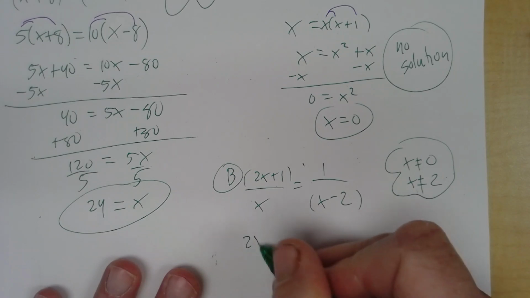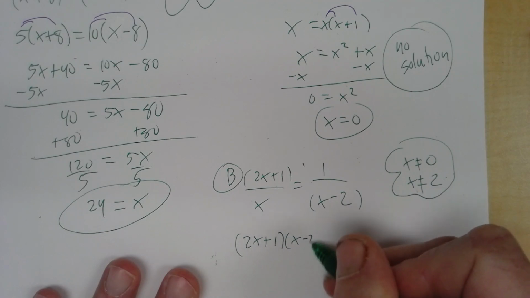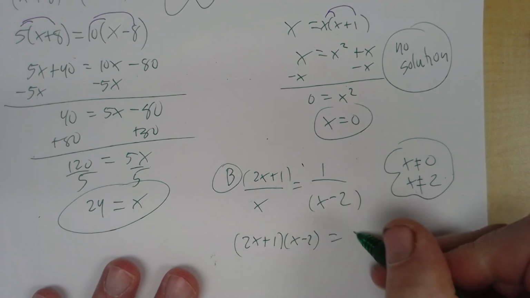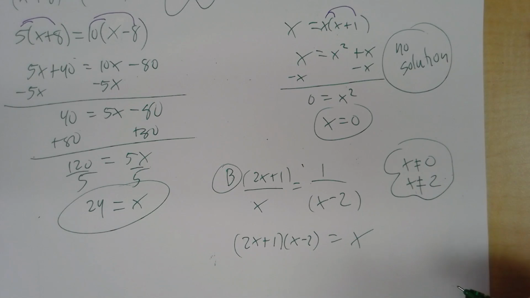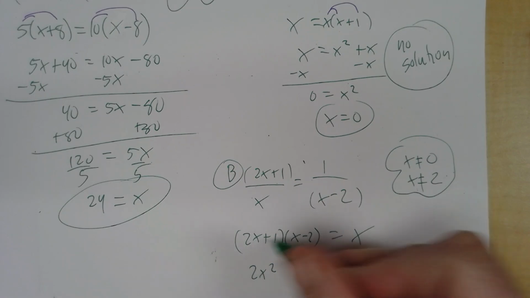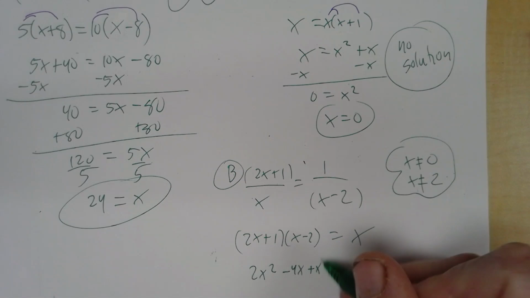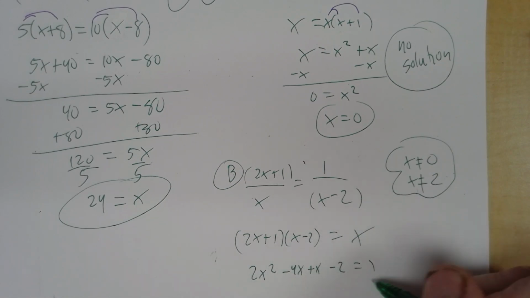Cross multiply: 2x plus 1 quantity, x minus 2 is equal to 1 times x, which is x. So this will be kind of like the other page where we get everything equal to 0 and get a quadratic and stuff like that. This times this would be 2x squared, this times this would be minus 4x, this times this is x, this times this is minus 2, equals x.